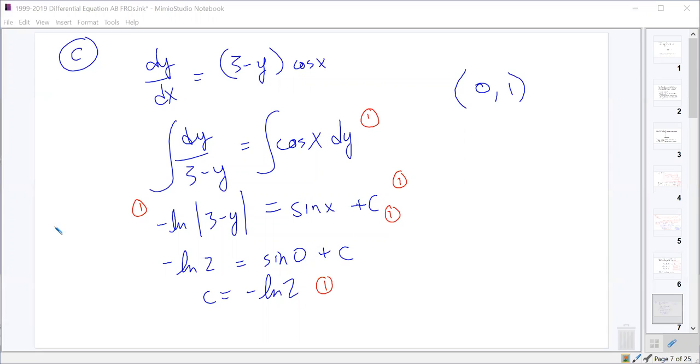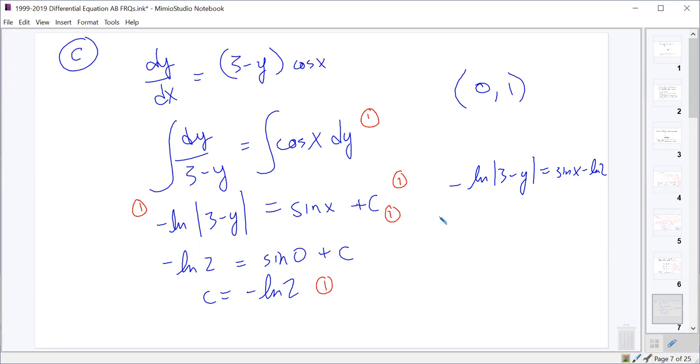And then you went back in, negative natural log absolute value 3 minus y equals sine x minus ln 2. And you went through and tried to solve for y, and that's your last point on this one, was to get it all the way solved for y. So first off, we can divide by the negative.